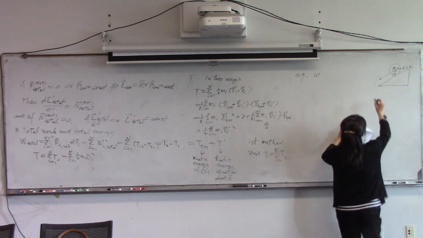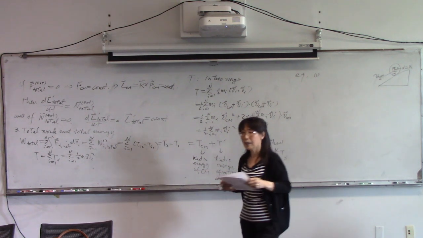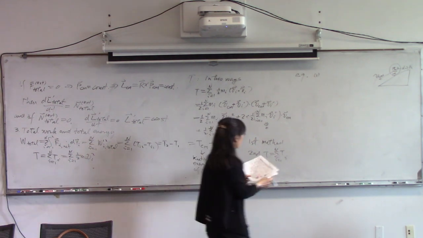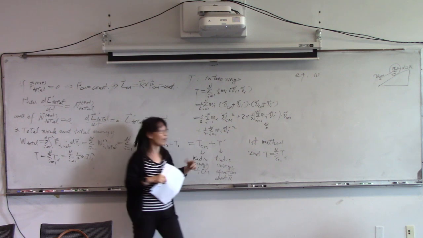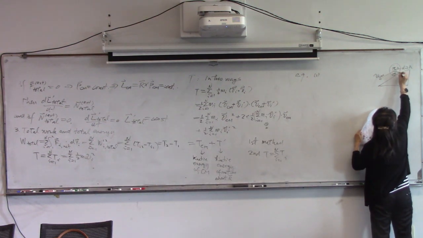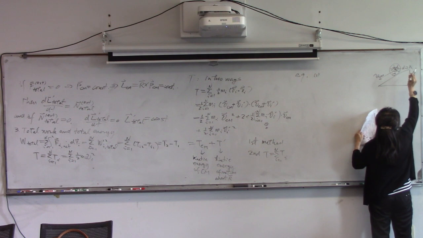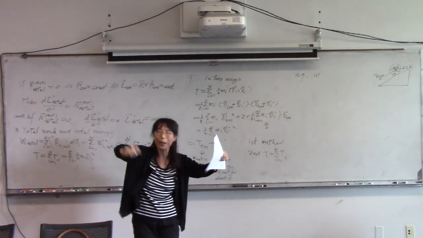Suppose the center of mass velocity is C. In this case it is easier, because the disk is formed by all the particles, with the center of mass here and relative positions.